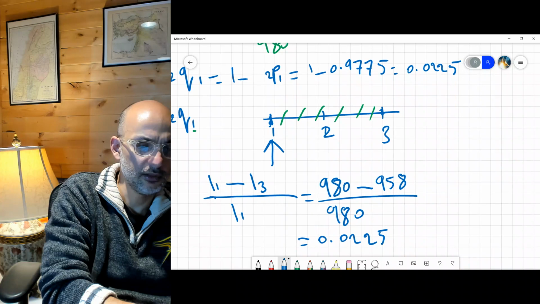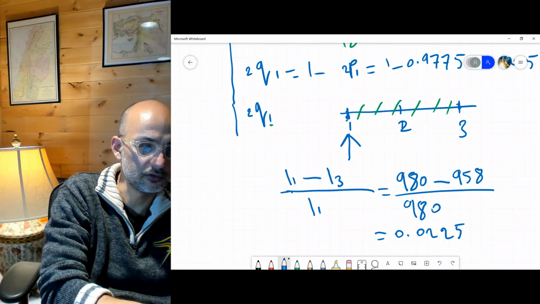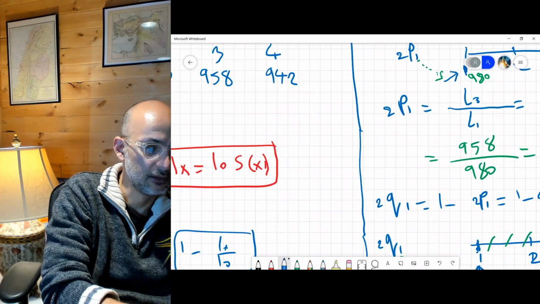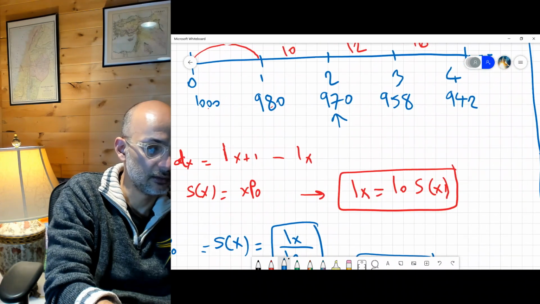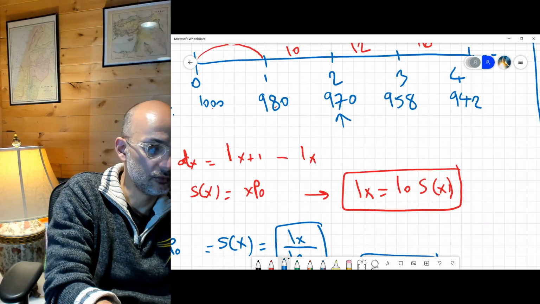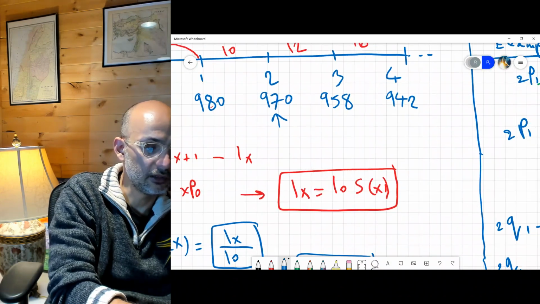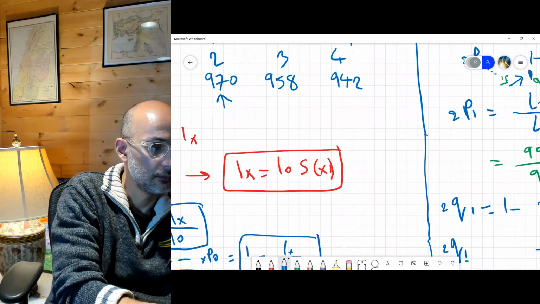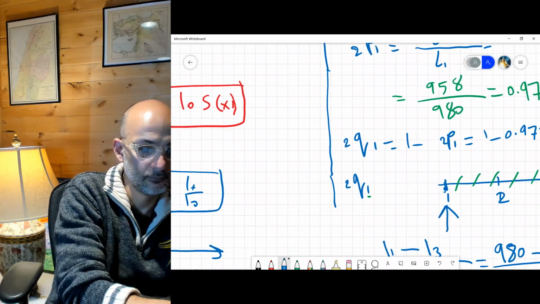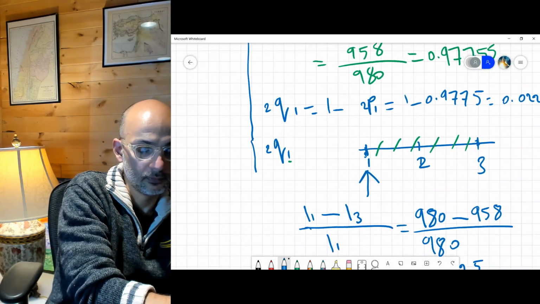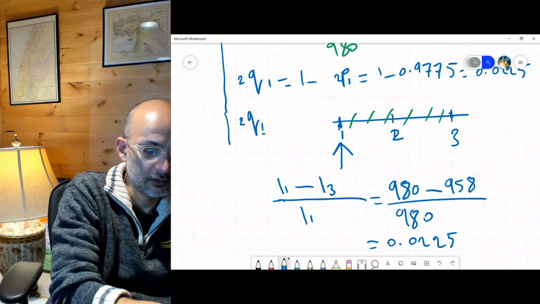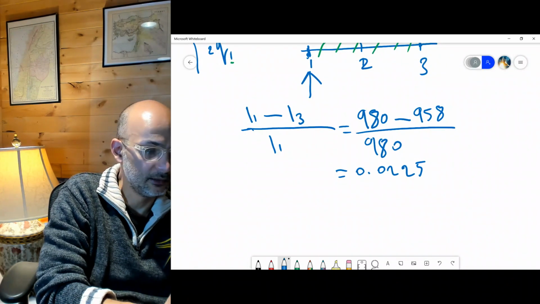I got a slightly different number. I think it's because of a rounding error. Let me double check. At year 2 we started with 985. Yeah, it should be 22 divided by 980. Very good.